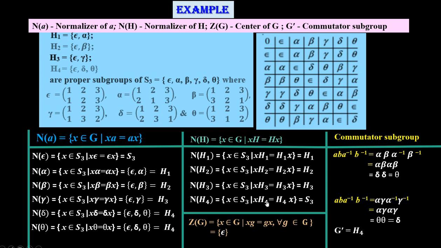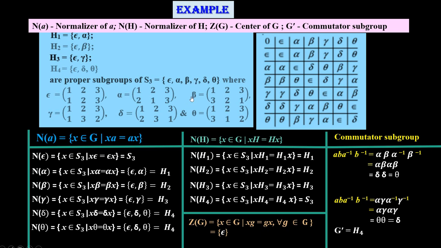Because H4 is a normal subgroup; later you will come across the concept of right coset, left coset and normal subgroup. Only for a normal subgroup, every left coset will be a right coset. So N of H4 will be the whole of S3.